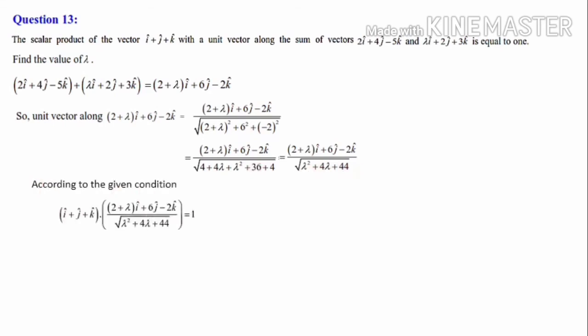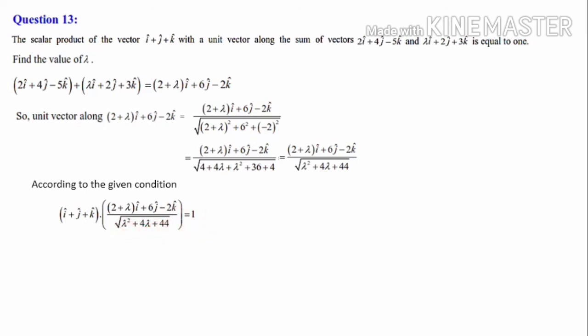Then according to the given condition, the dot product or the scalar product of the vector, this one, and the unit vector, so this one means i cap plus j cap plus k cap, that is written dot the unit vector, this one, (2 plus lambda) into i cap plus 6j cap minus 2k cap divided by root of lambda square plus 4 lambda plus 44, equal to 1.